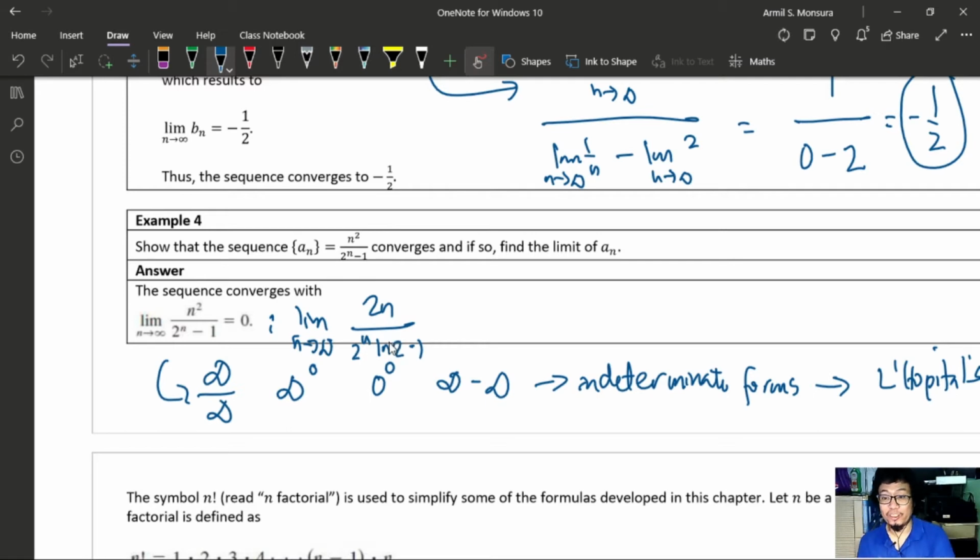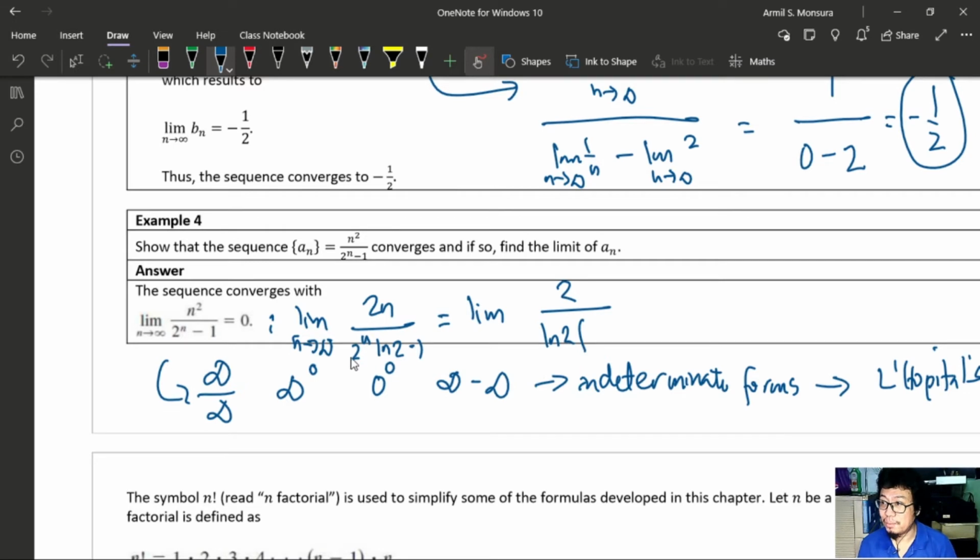You can do that again. You can apply L'Hopital's Rule again by evaluating the derivatives of the numerator and the denominator separately. So you would have something like 2 over, again, the derivative of this. We take out ln of 2, the natural logarithm of 2.